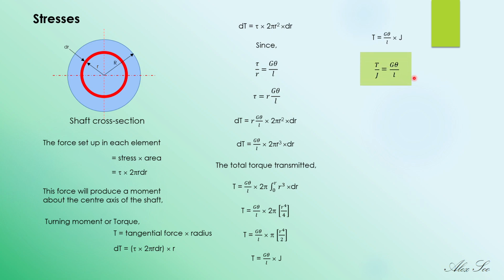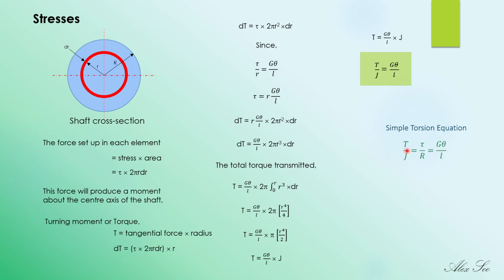So you have 1, and the previous one is which one? Previous one is this, right? And now you have this. So can you see? This and this. So based on this whole equation, based on these two parts, this one and this one, you have an equation like this, which we call the simple torsion equation.